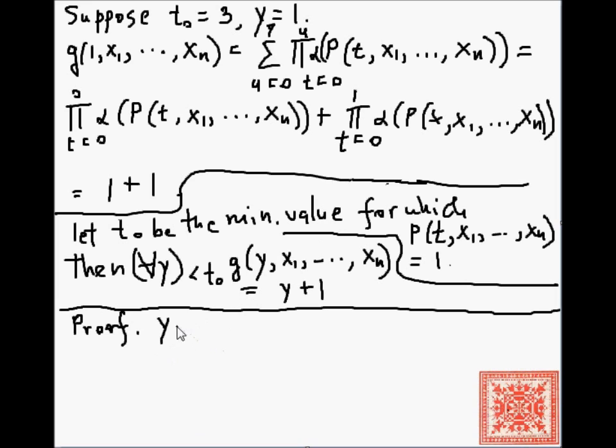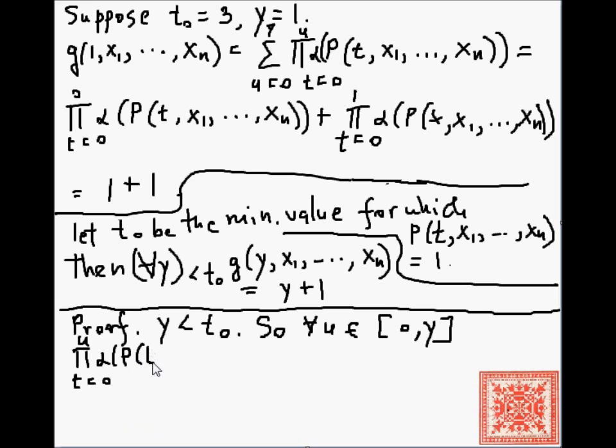If y is less than t naught, then we have for all u in this interval y from 0 to y, well, we assume that t naught is greater than 0, the product of alphas from 0 to u, p t x1 through xn, is equal to 1.